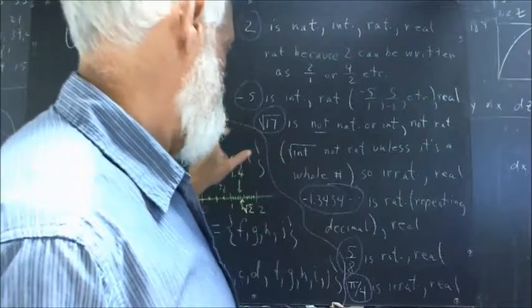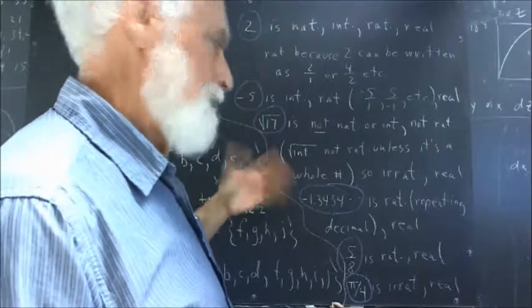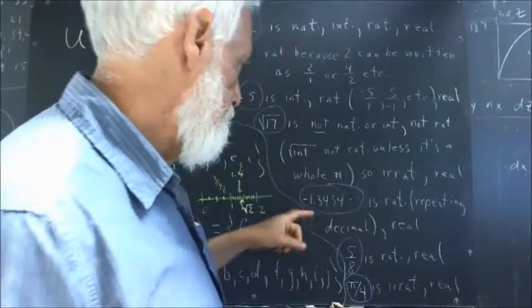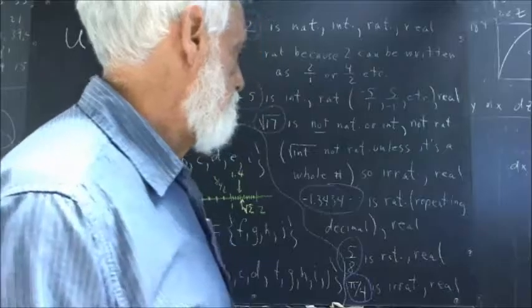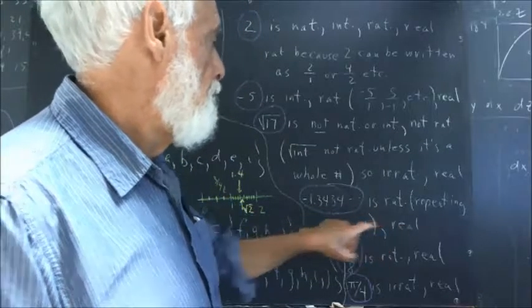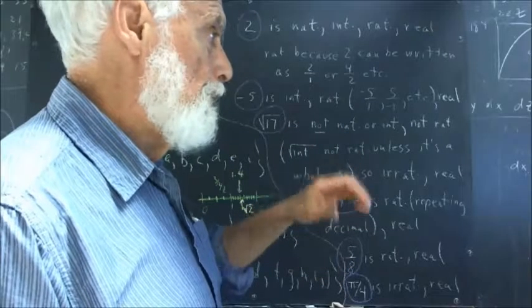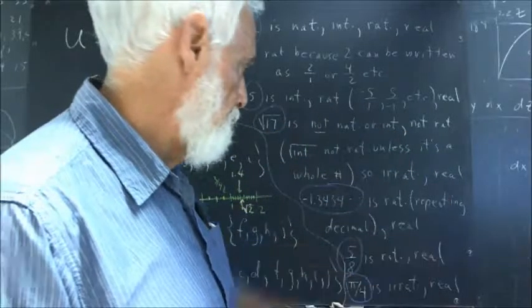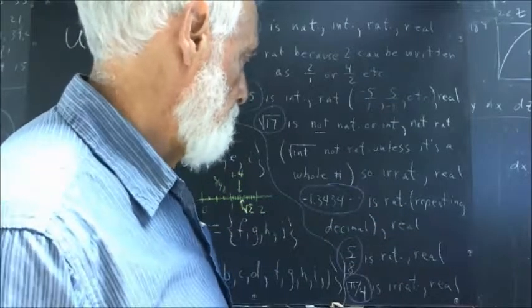And it turns out that, and I could again prove it, it's not hard to prove, but it turns out that any repeating decimal is a rational number, okay, just like the repeating decimals you got when you divided a whole number into a whole number. And it's also then, of course, real.